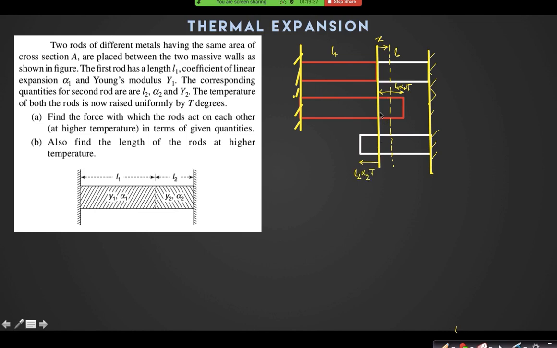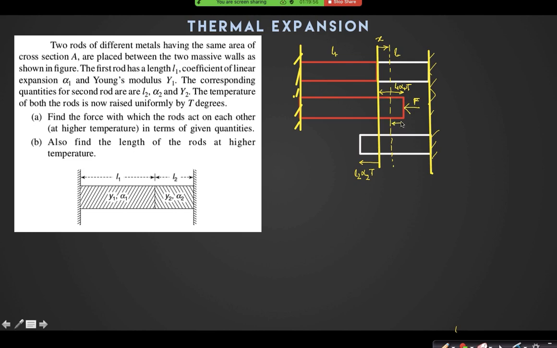But they have not expanded this much. So there is some external force acting on this rod in this direction, which has changed its length from here to this much. What is this much?